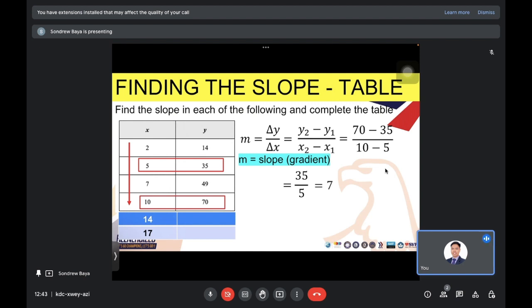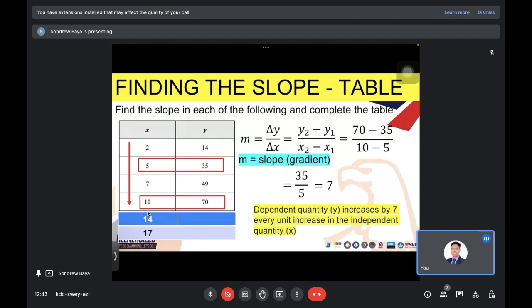So we can interpret this as the dependent quantity, whatever that quantity is, since it's positive, increases by 7 every unit increase in the independent quantity, which is the x. So every unit that the x is changed, y increases by 7. So for example, if we are to continue this table now, from 10 to 14, our x increases by 4 units.